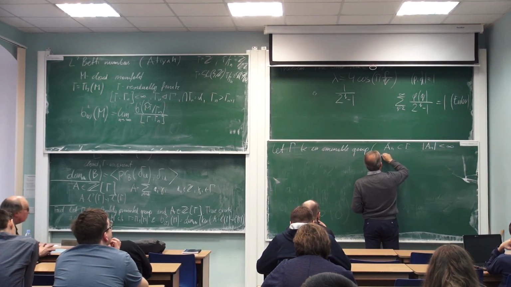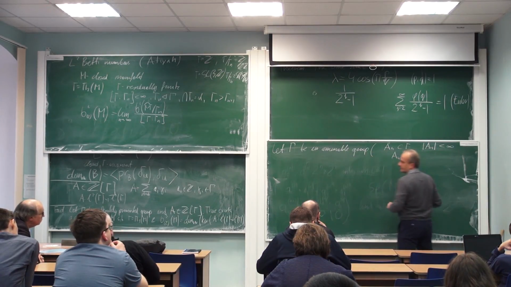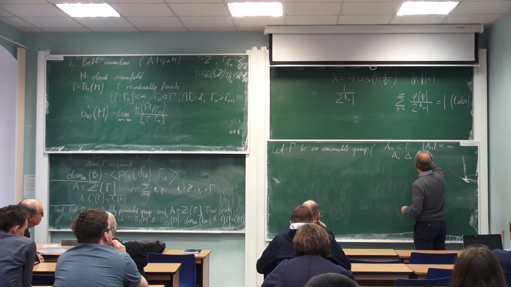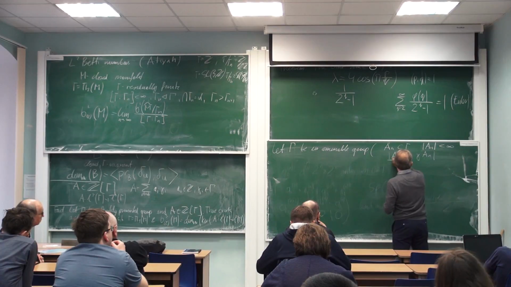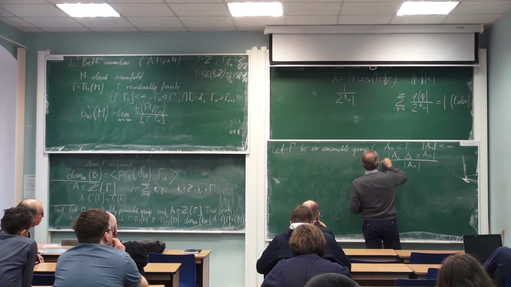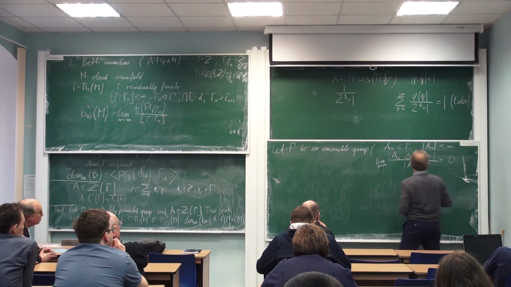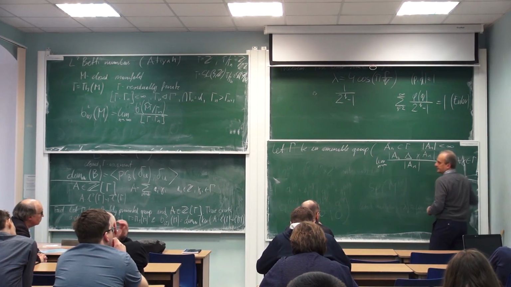Namely, if you consider A_n and the symmetric difference with A_n translated by gamma, and you compare it with the size of A_n, when n tends to infinity this limit is equal to 0. And this is the case for any element gamma.